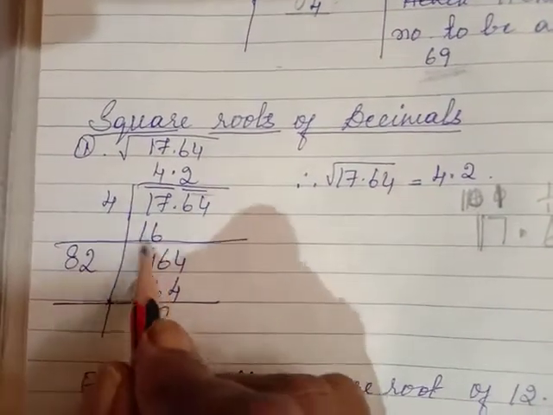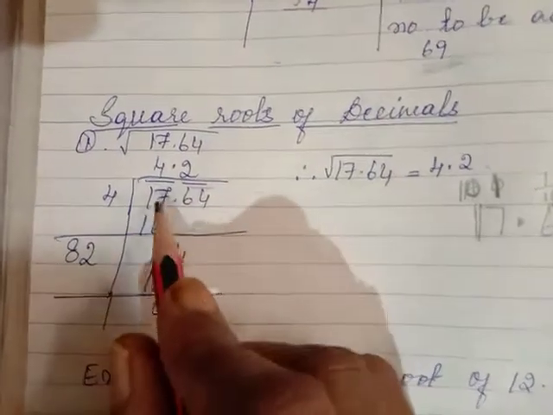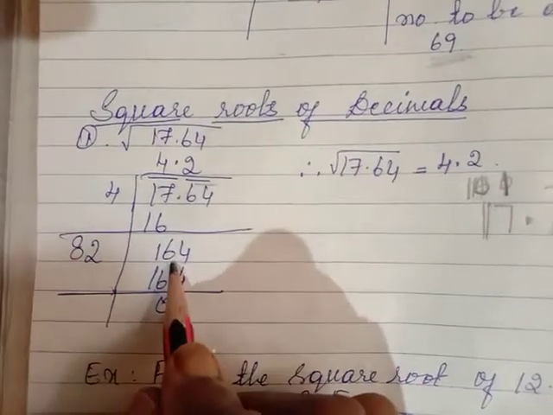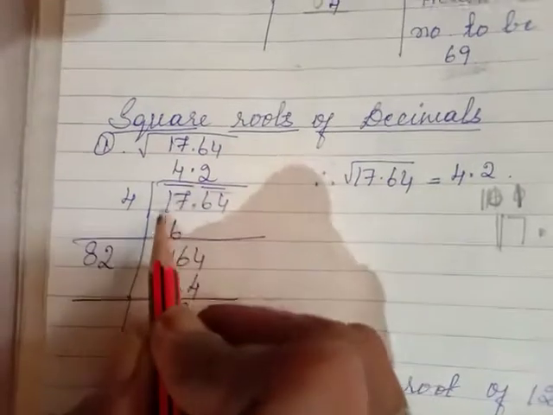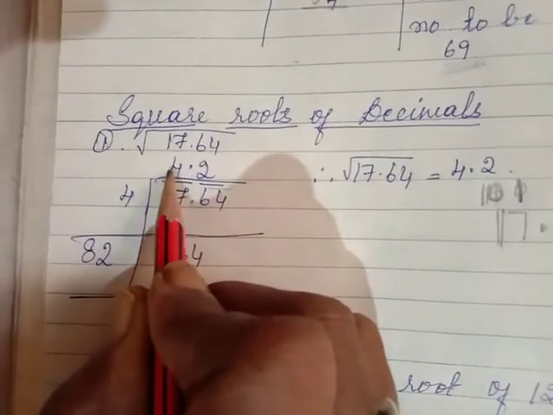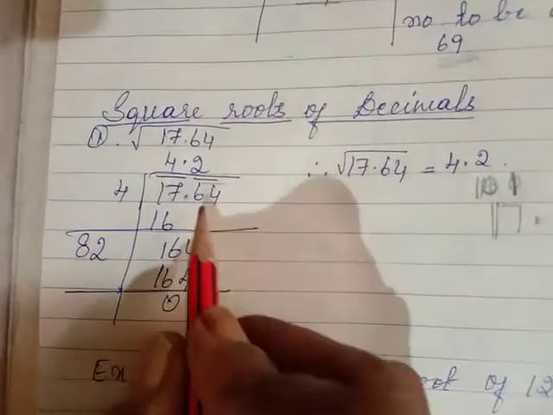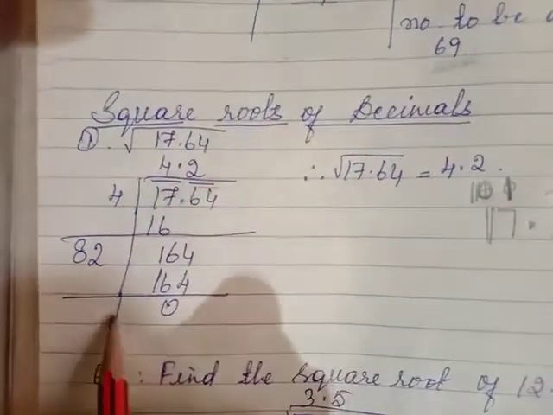So you got 4 4s are 16, that you have to write. 17 minus 16 is 1. Take 64 down. See, the point is there, no? After 4 you got, 4 4s is 16, the decimal point started, is it not? So therefore you have to write a point here.